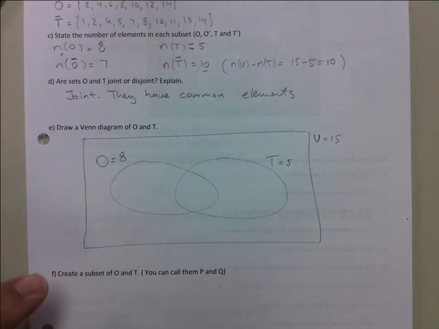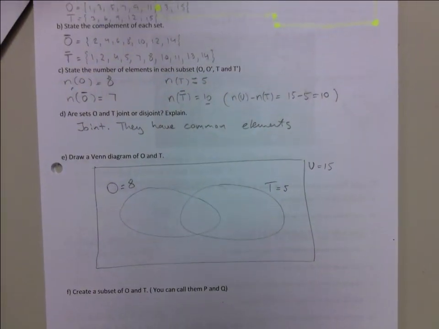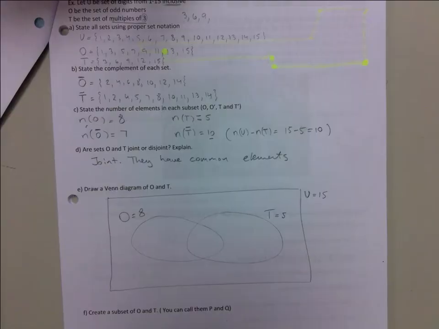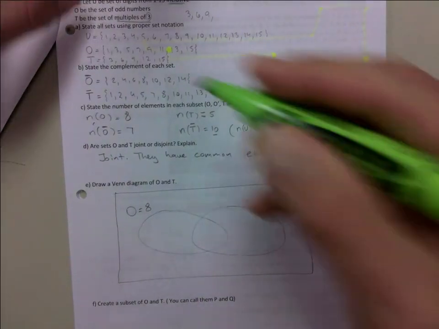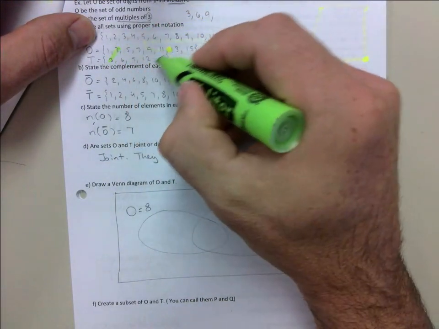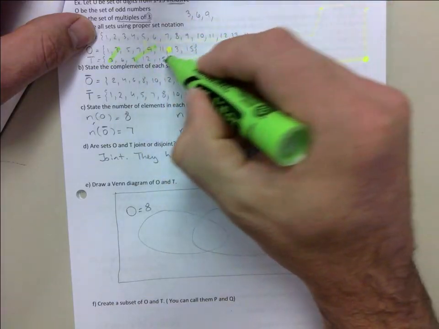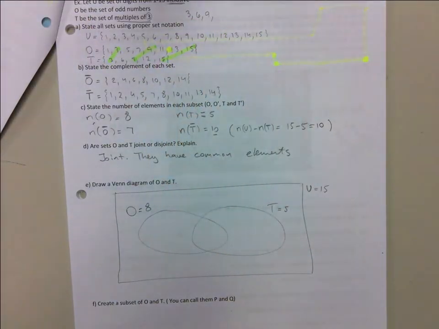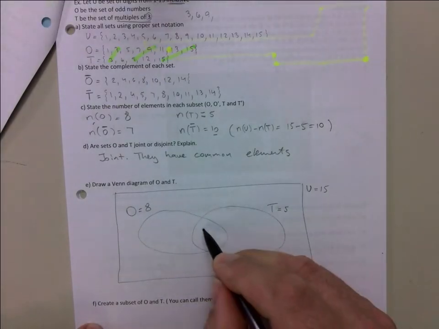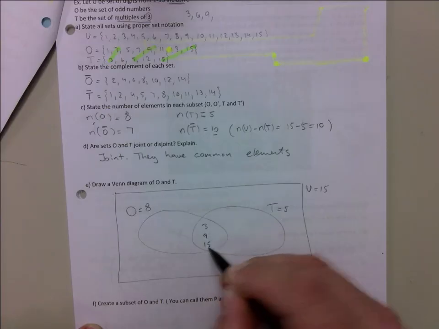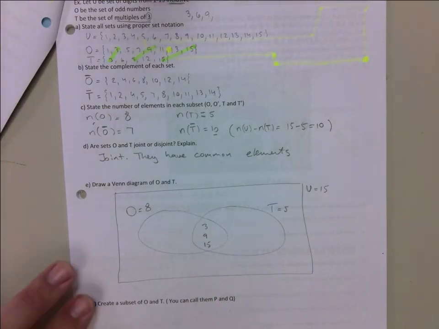Okay, what are they sharing? I'm going to use my highlighter here. I'm going to zoom out a little bit so you can see how I do this. Everybody has their method, but there's 3, 9, and 15 that is being shared. Those 3 elements. So you go 3, 9, and 15 go in there like that.